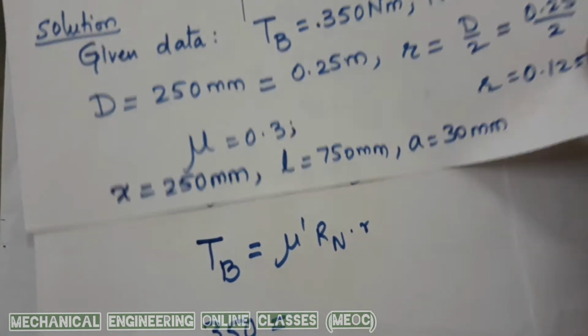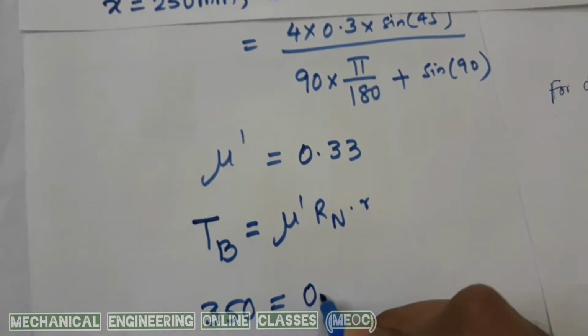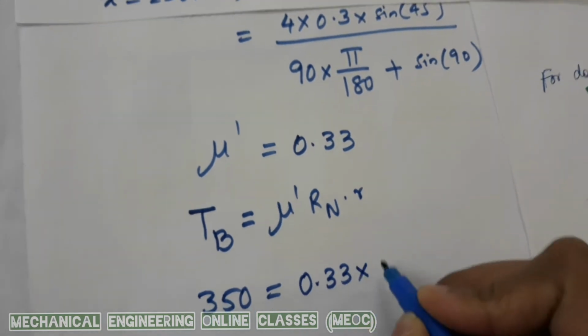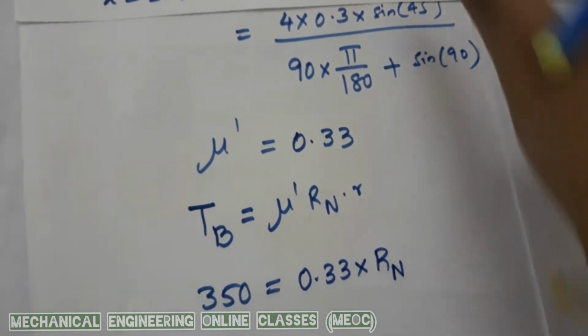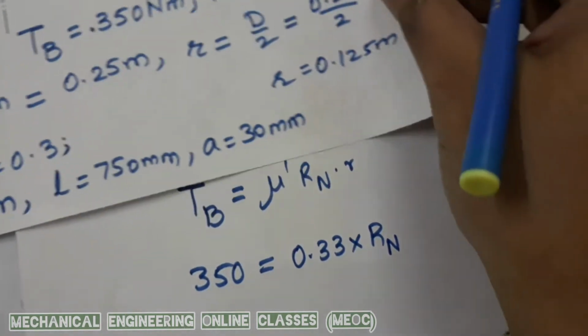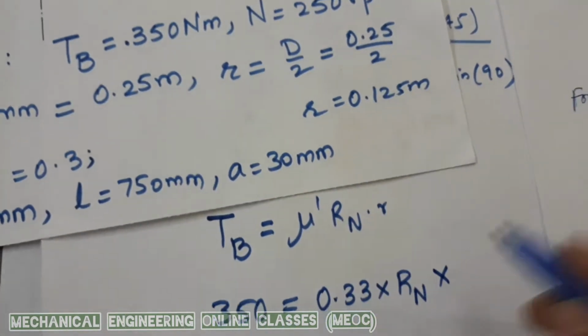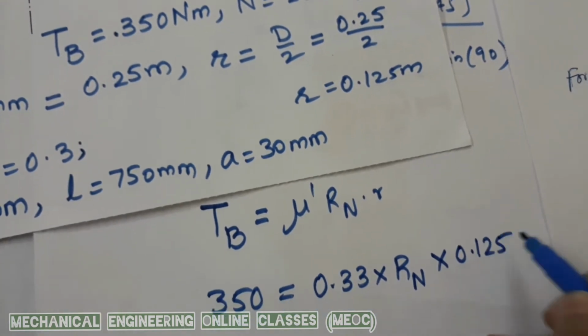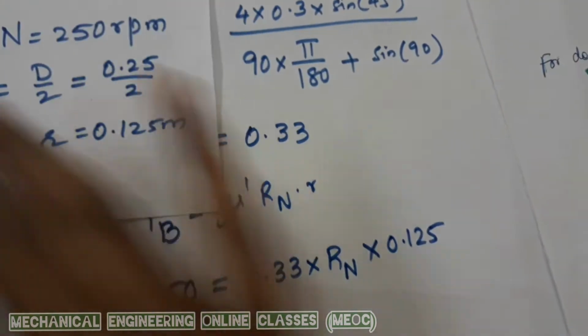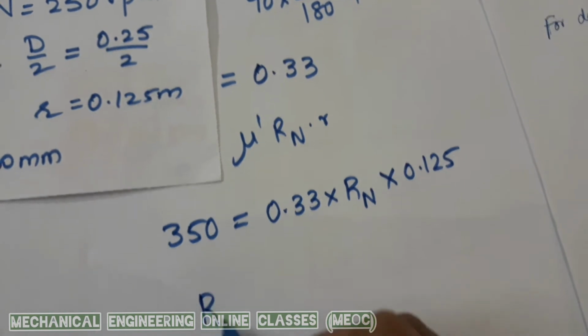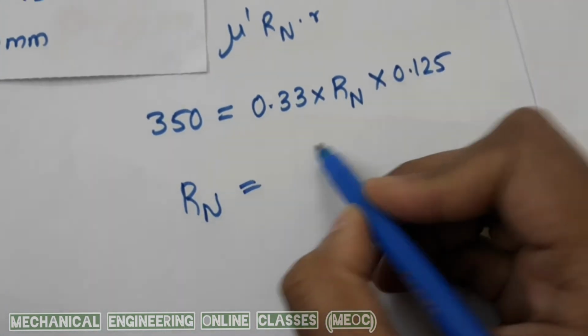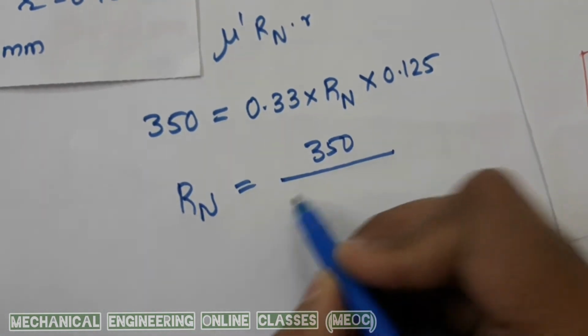Mu dash is just found, and we got it as 0.33. Rn is the only unknown here, and R is given as 0.125 meter. So from here we can get Rn on cross multiplication.